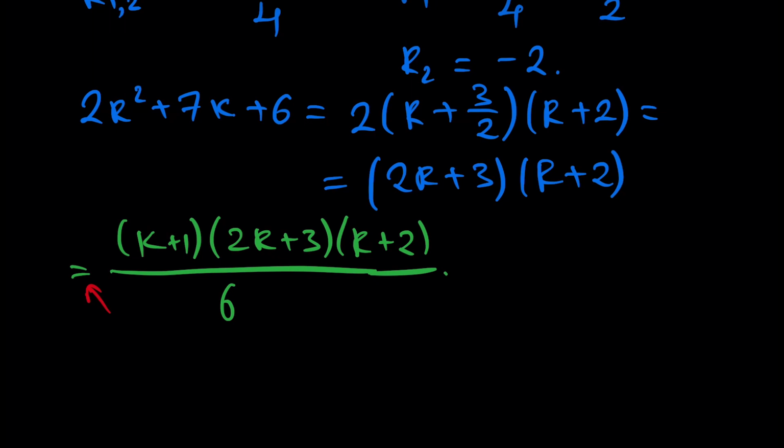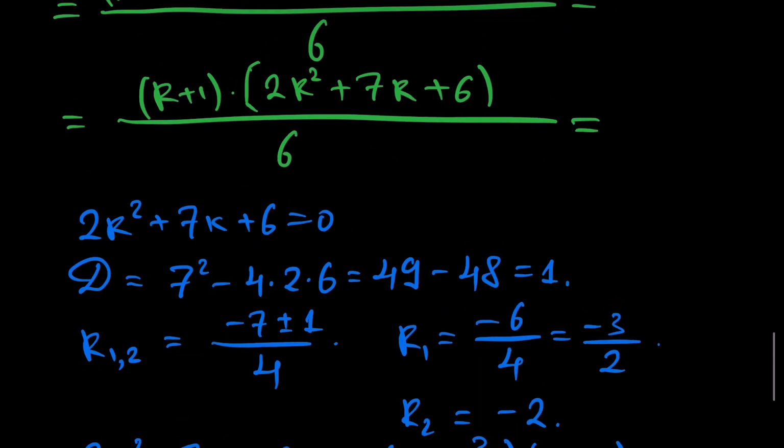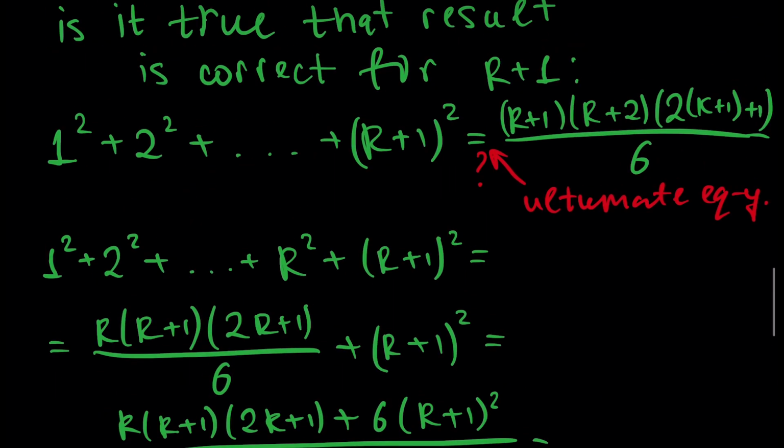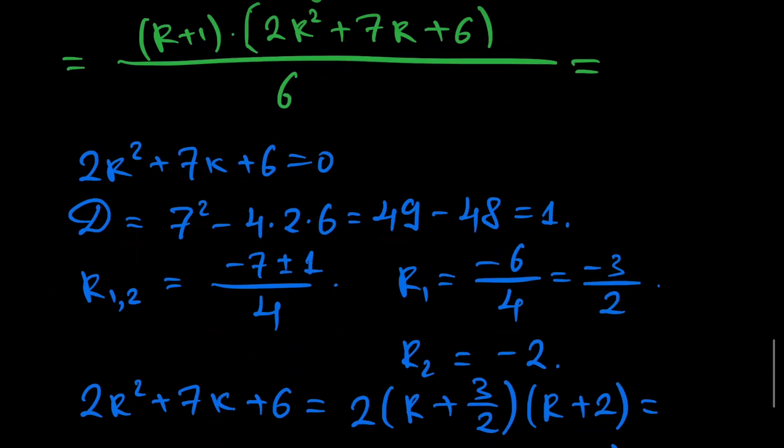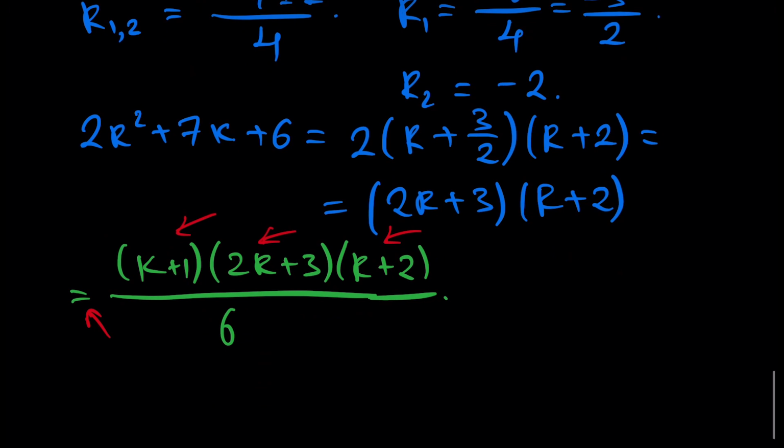Yes, it is, because we have here k plus 1, k plus 2, and 2k plus 3 divided by 6. And our ultimate equality was k plus 1 times k plus 2 times, it can be written as 2k plus 3, divided by 6. So we are done. Thank you very much for your attention.